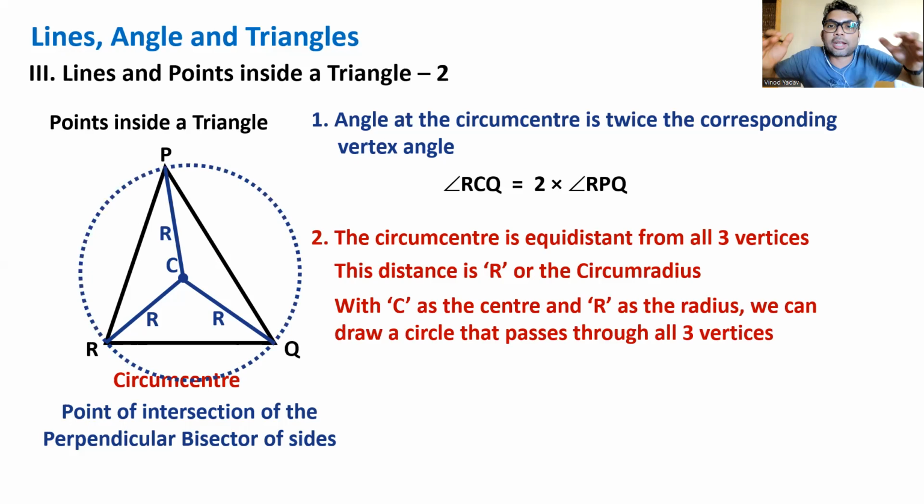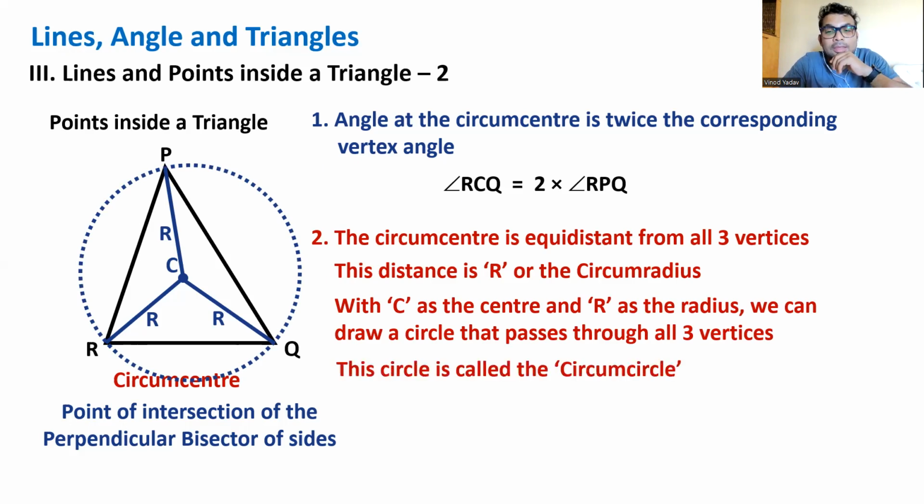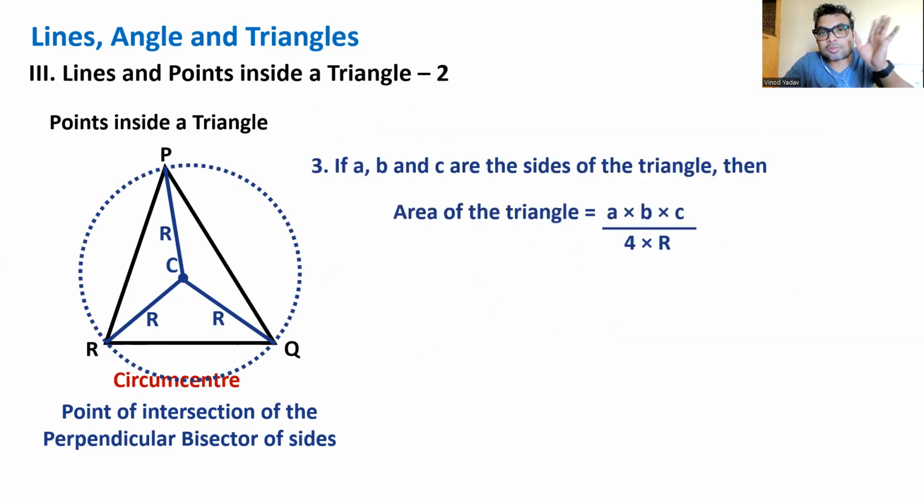So it will circumscribe the triangle, isn't it? Okay, that is why the prefix circum. So circumcircle, circumradius, circumcenter. Finally, area of the triangle in terms of circumradius is the product of all the three sides A, B, C divided by 4 times circumradius. All right. Cool.